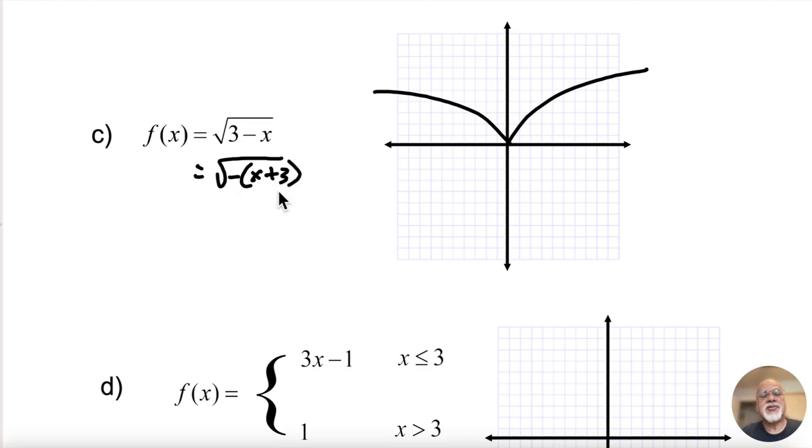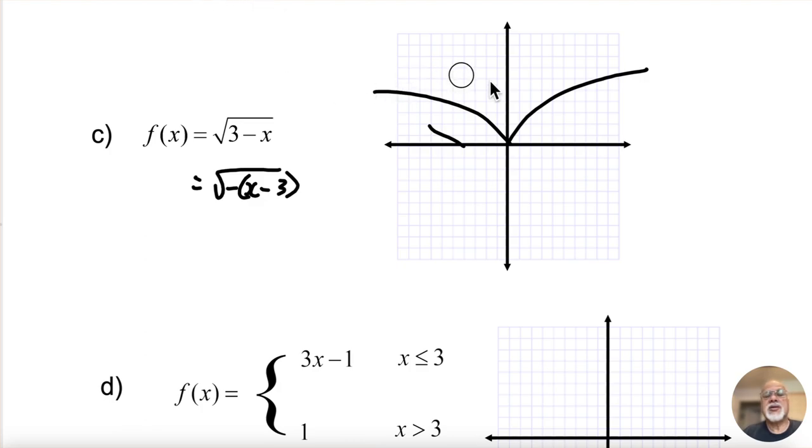And then the plus 3 says, did I do that right? No, that should be a negative 3 in here. Oh, look at the mistakes. So this should be x minus 3, and the x minus 3 is a horizontal translation to the left 3. And so we end up with it going this way.